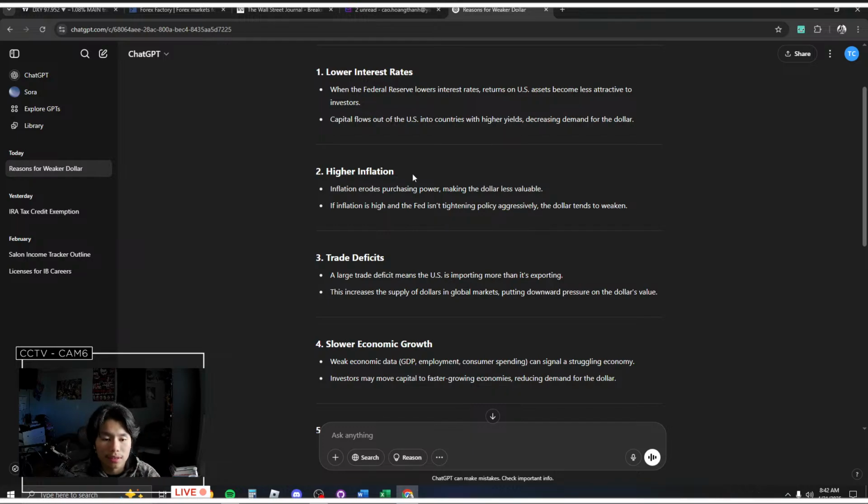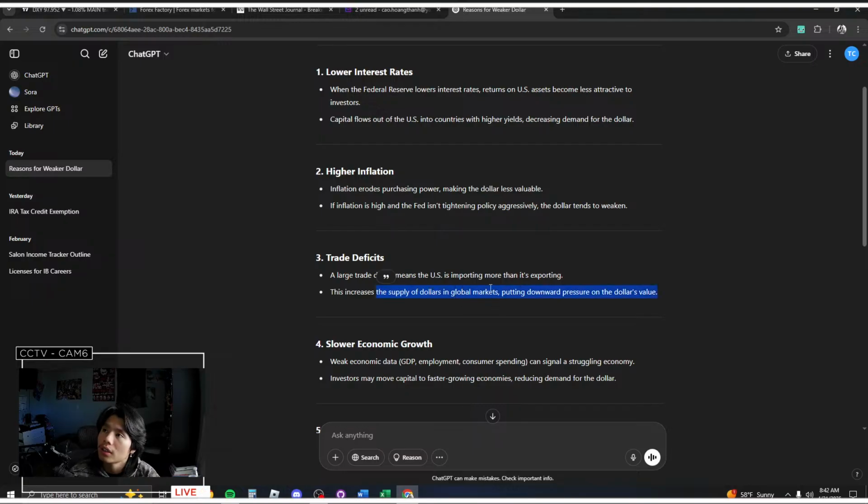Trade deficits. A large trade deficit means the U.S. is importing more than it exports. This increases the supply of dollars, putting downward pressure on the dollar's value.